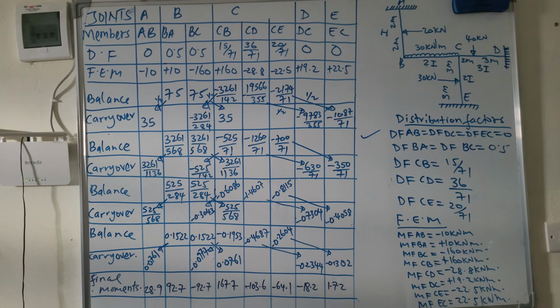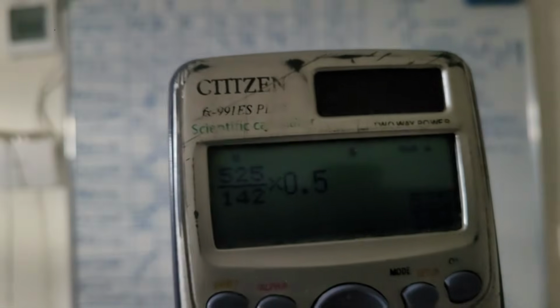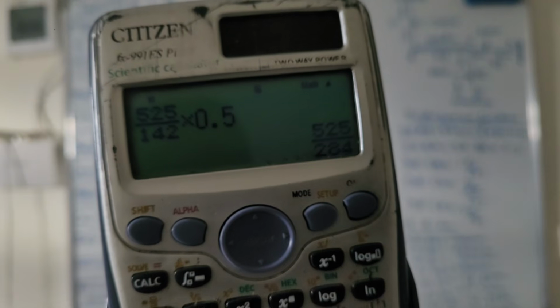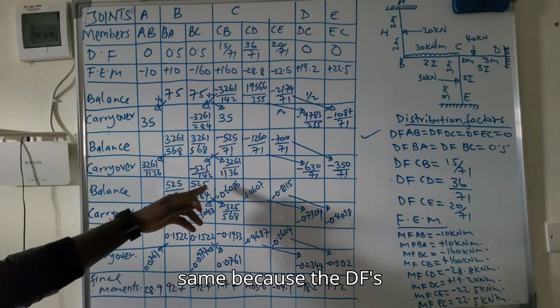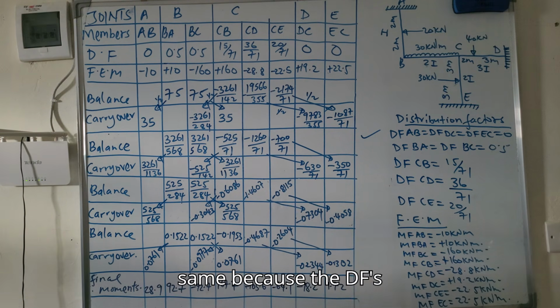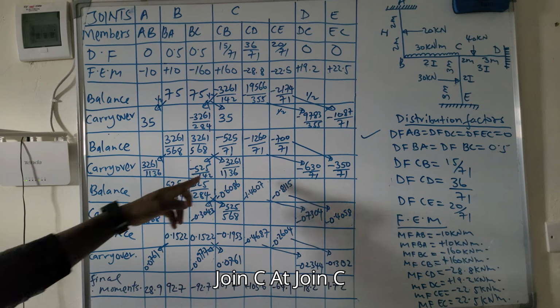So 525 over 142 times 0.5. So the answer is 525 over 284. Again, the answer will remain the same because the DF are the same. So we proceed to joint C.